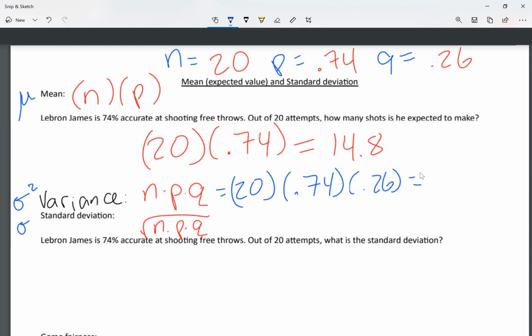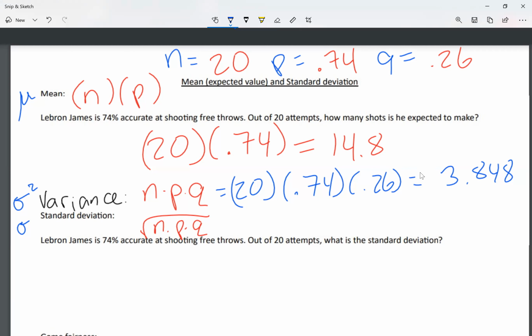I get 3.848. I might even ask you to round this to 2 decimal places, or to 3 decimal places. You will be given instructions on your homework. But right now, let me just call it 3.848. I might need to round it to whatever's necessary.